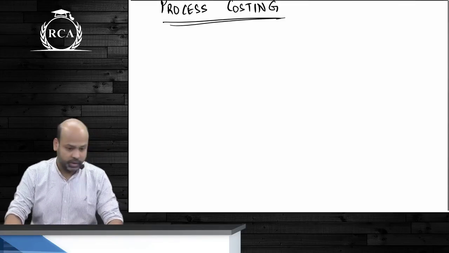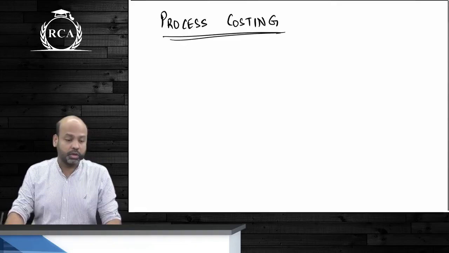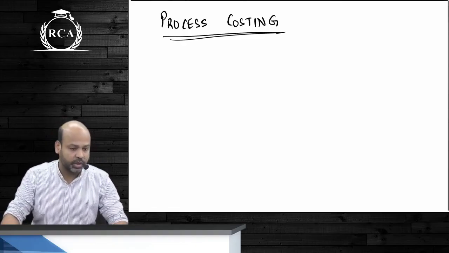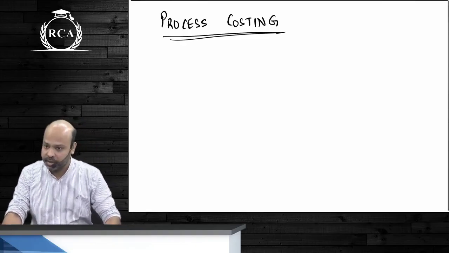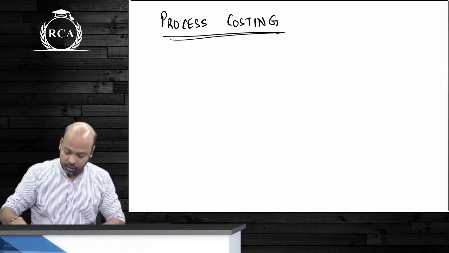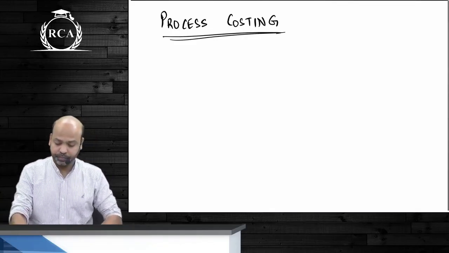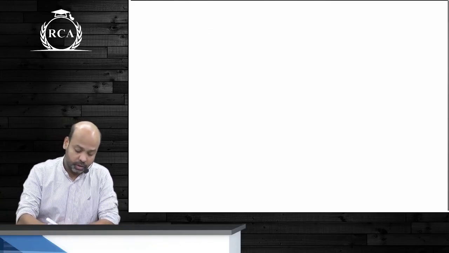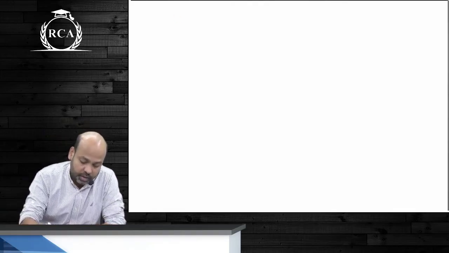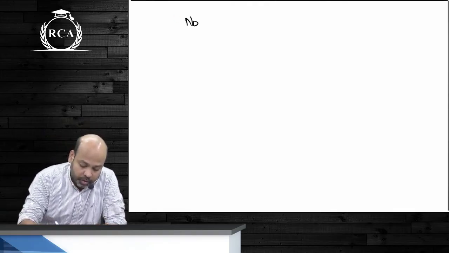As I told you guys, the intent here is to compute cost per unit as such guys of each process separately. When you're computing that cost per unit guys, we will have to consider factors like normal loss, abnormal loss, work in progress.